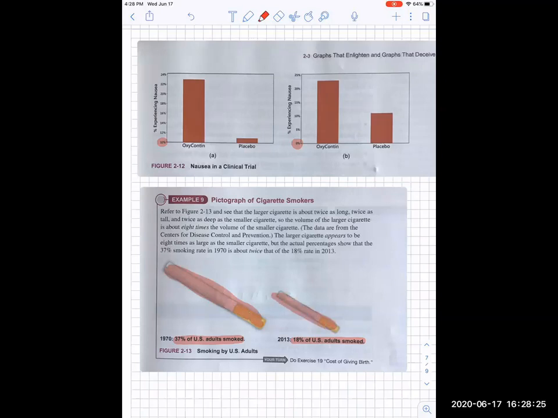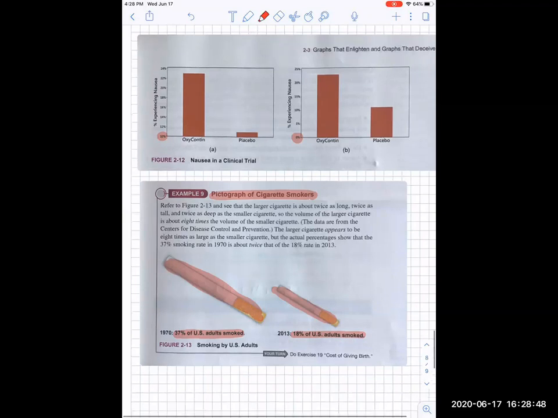The sizes are not proportional to the percentages. Percentages is doubled, but the size is maybe tripled or quadrupled. So in general, pictographs are deceiving. They do not represent actual data because you are using a 3-dimensional picture to represent 2-dimensional data. Okay.